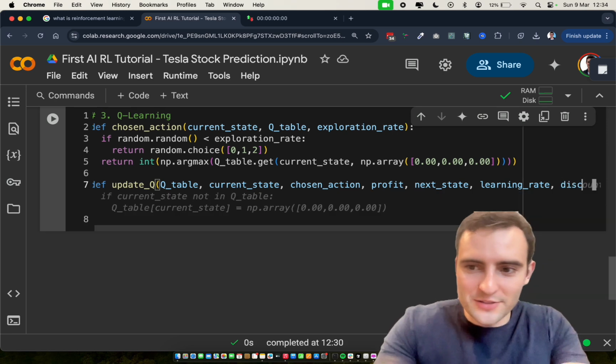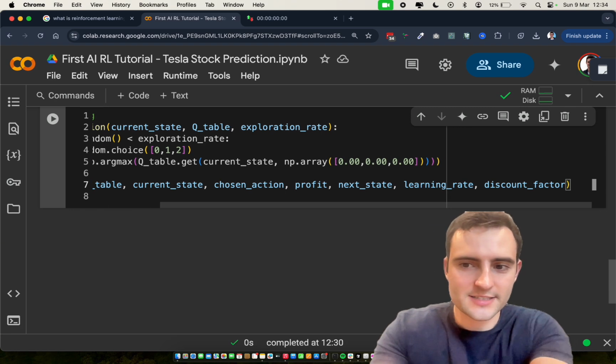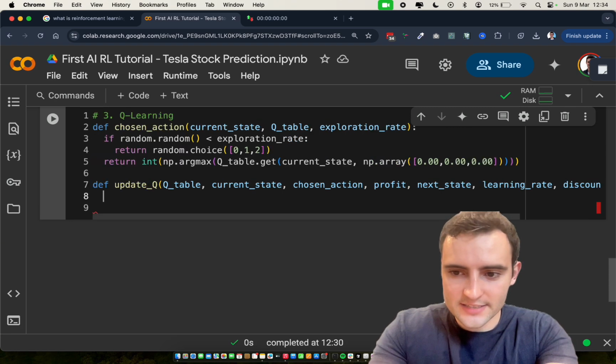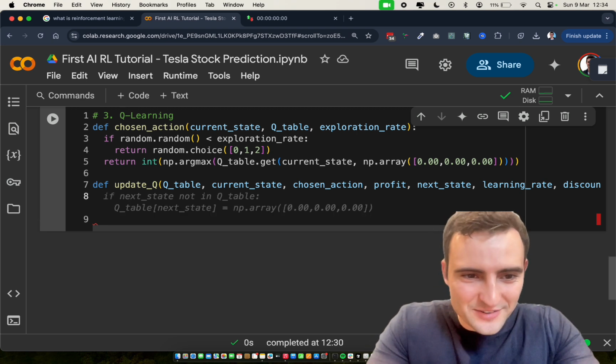Just hold on with me. I know this is a long function, so we're just going to go like this, and that is how we've defined it. So that long function is now defined.